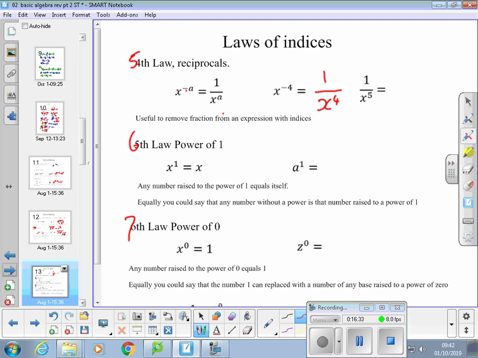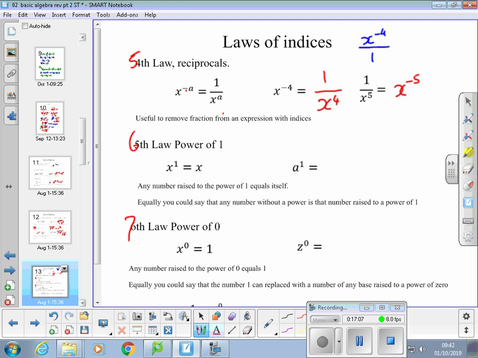Yep. 1 over x to the 5 can be written as x to the minus 5. And if you think about this one, it could be written as x to the minus 4 over 1. Alright?